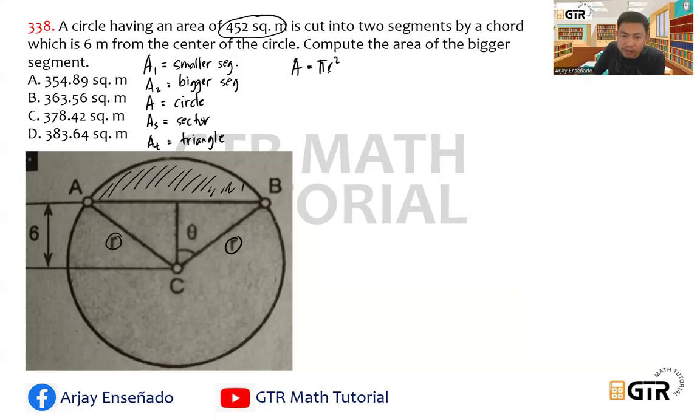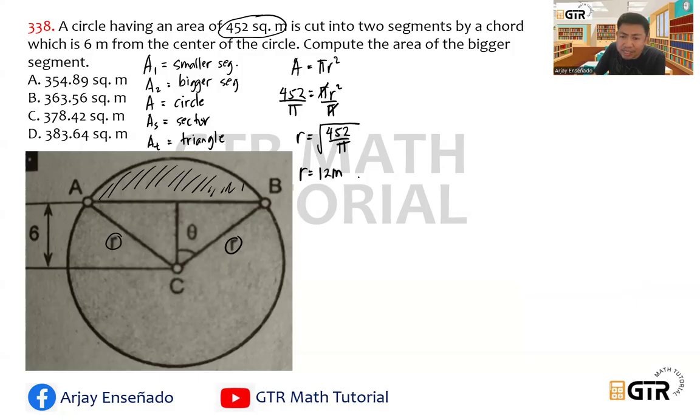Substitute 452 to the area, so we have 452 equals pi r squared. So we can now solve the value of r: divide both sides by pi, and then get the square root of both sides. Therefore, the radius is equal to the square root of 452 over pi. So approximately, r is equal to 12 meters.